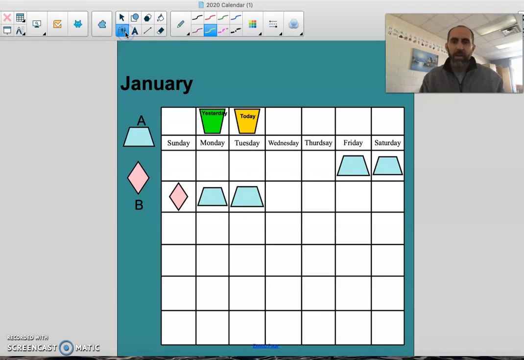So let me get the marker back out. And of course we're going to start with a 1 or the first, a 2 for the second, a 3 for the third, a 4 for the fourth, and a 5 for the fifth.